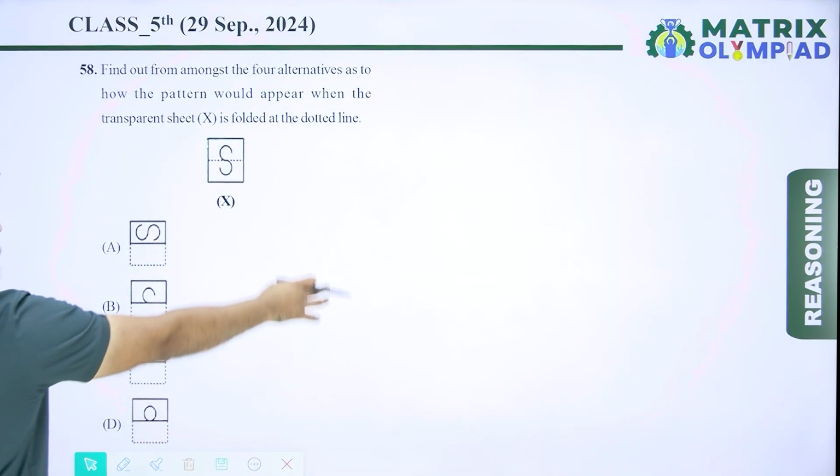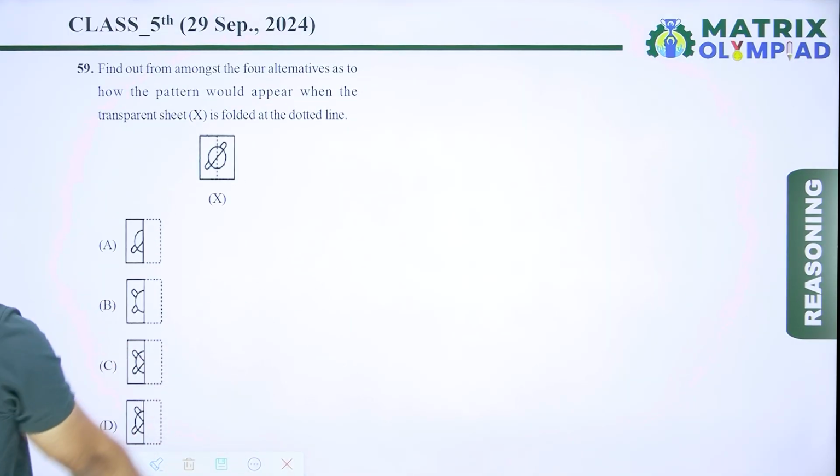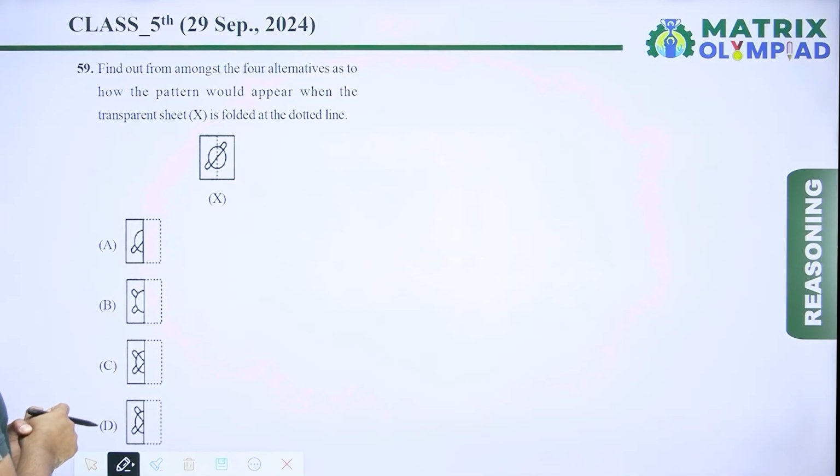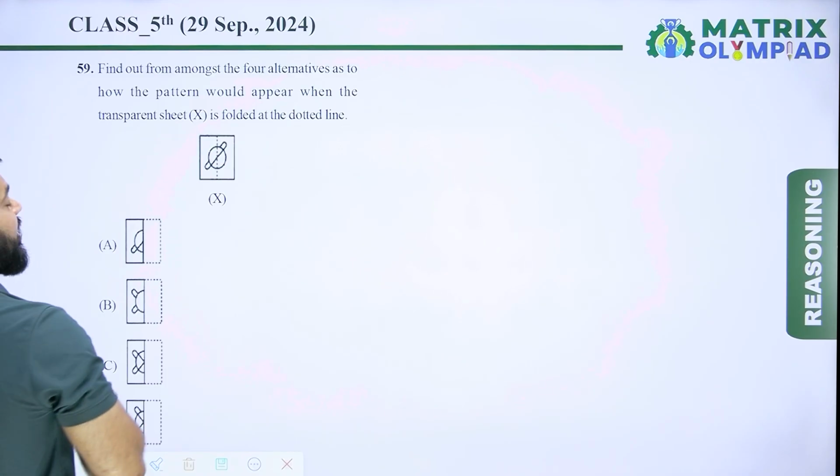Now let's move on to the next question. So question number 59. Find out from amongst the 4 alternatives as to how the pattern would appear when the transparent sheet X is folded at the dotted line.